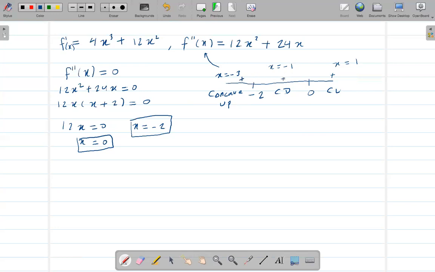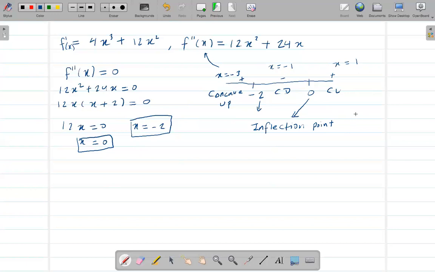So if we have a sign change like this, then this partition number is an inflection point. And also here we have a negative, then a positive. So if we have the sign change like this, then this middle partition number is also an inflection point. So these two are both inflection numbers, and we have to find the actual inflection points.